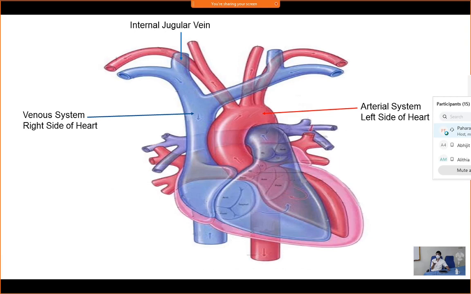So as we see the function of the left side of the heart by examining the peripheral pulse, in the same way we can get some idea of the functioning of the right side of the heart by examination of the venous system, and the vein most commonly examined to assess the function of the right side of the heart is the internal jugular vein. So that's why today's topic is the internal jugular venous pressure.